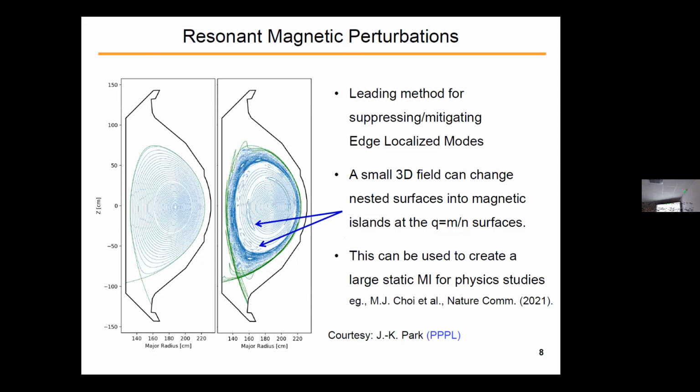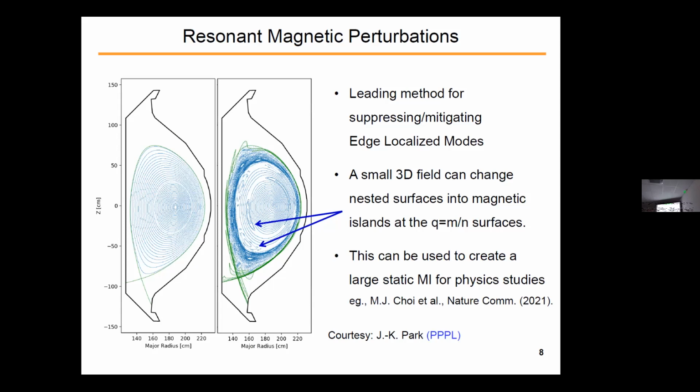RMP perturbation means you can mitigate edge localized modes in H-mode plasmas by inducing external magnetic field perturbation. So in that sense, magnetic island due to tearing instability is a major threat.